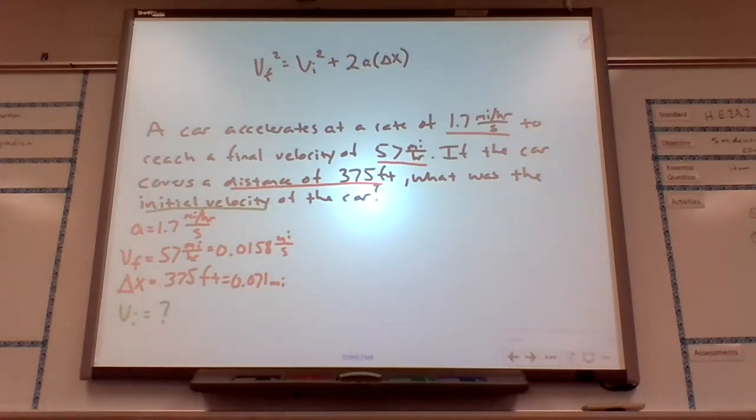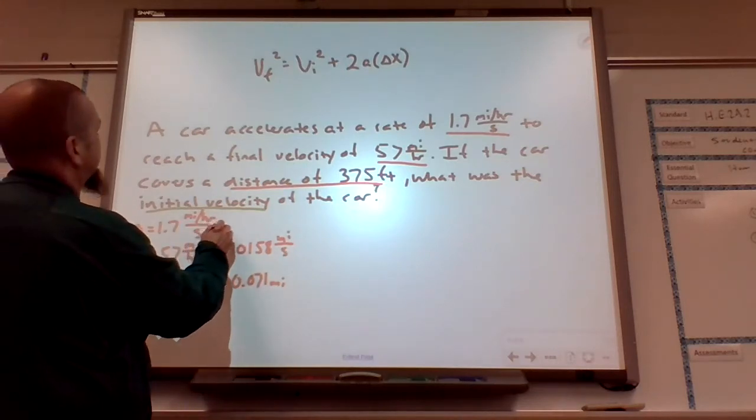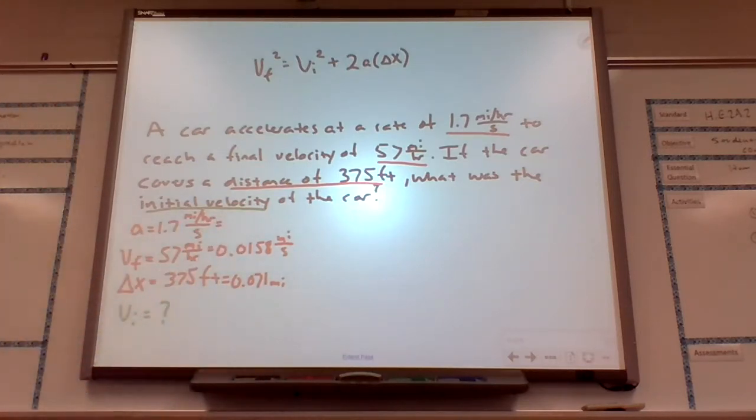All right. Now, just for fun, just to make sure everything works, let's talk about how you would convert 1.7 miles per hour into miles per second squared. What we end up having to do is convert the miles per hour, the 1.7, into miles per second, just like we did before. So if you travel 1.7 miles in an hour, divide that by 60, that would be how many miles per minute.